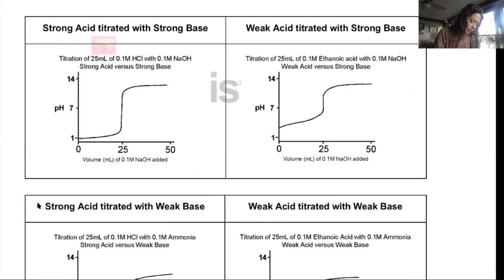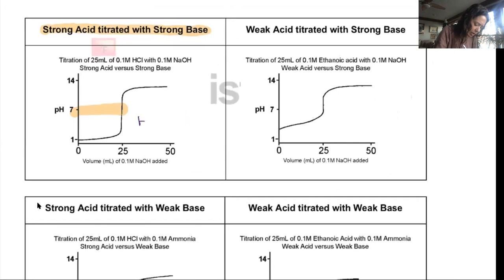Notice in review, strong acid, strong base, pH of 7. The net ionic equation here is H plus OH yields water. And all of our conjugates are weak, so there's no equilibrium concern about our conjugate acids or bases because they are conjugates of strong acids and strong bases.